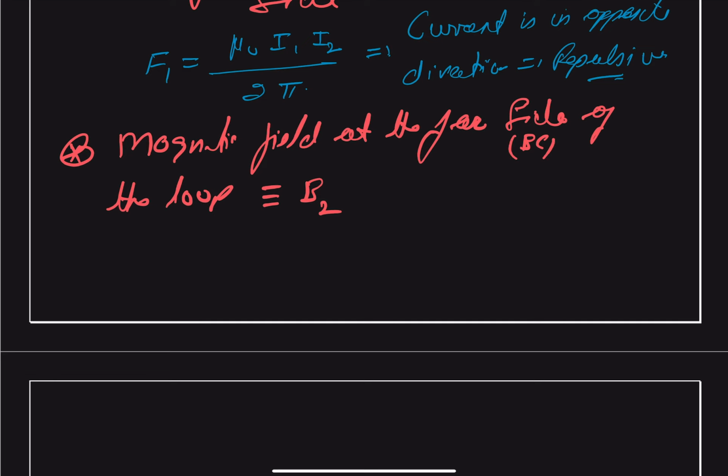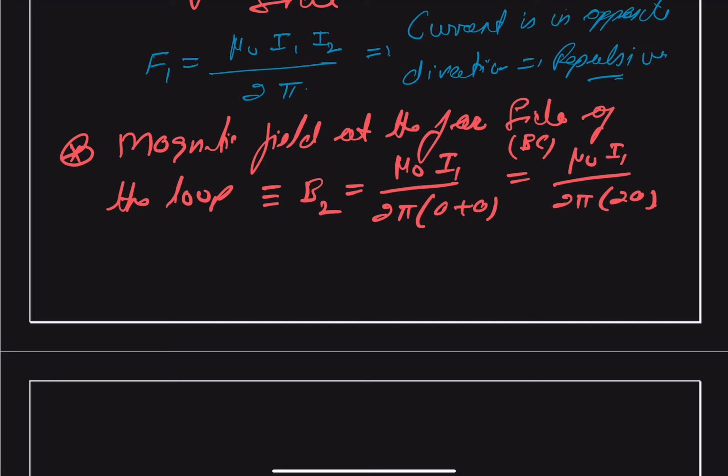So we said our B2 will be equal to mu naught I1 by 2 pi, and total distance now becomes a plus a. So this gives us mu naught I1 divided by 2 pi, and this comes as now 2a.